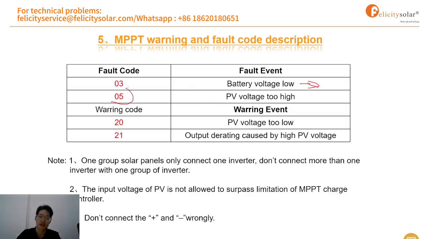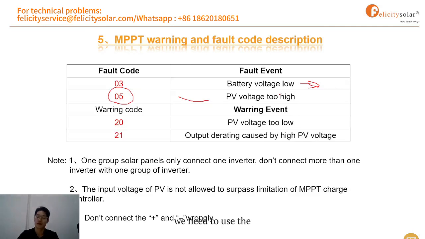And if the MPPT shows 05, which shows the PV voltage is too high, in this case we need to check the voltage of the PV.